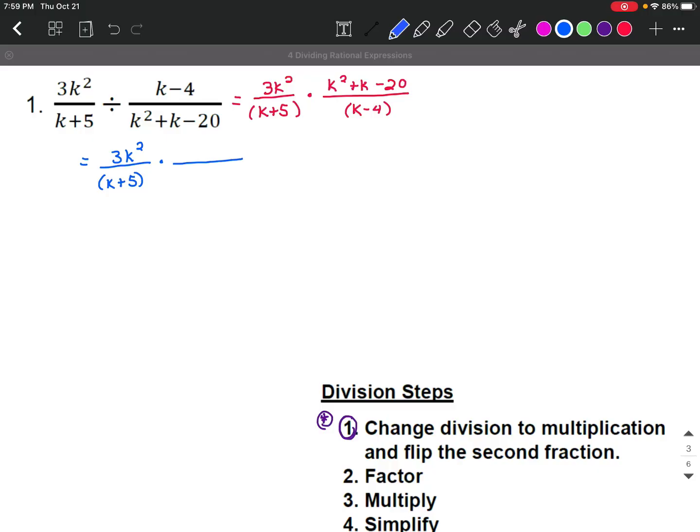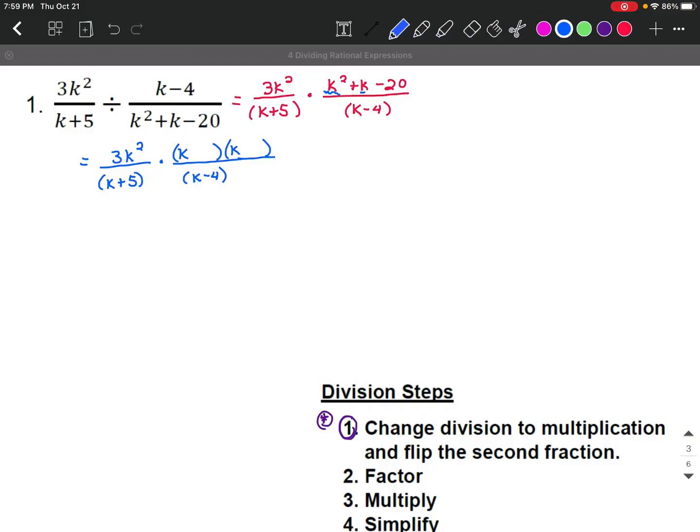We don't even have to factor the new denominator k minus 4, but we do have to factor k squared plus k minus 20. There is no greatest common factor. It is a trinomial. And since we have a k squared with a k in the middle, we need the k at the beginning of each.